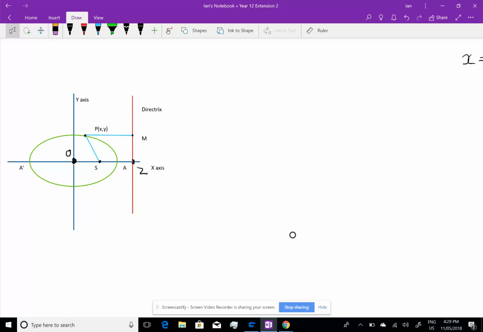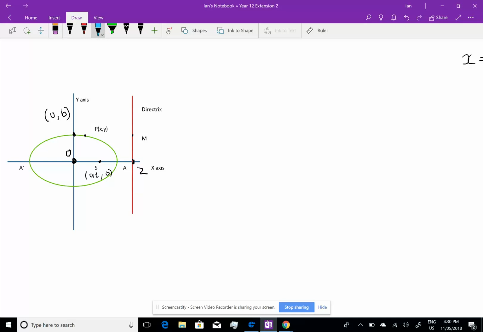So let's have a look at what we know. I'm going to take this point here, and I know that is 0B because it's on the semi-minor axis. And I now know that S is AE and 0.